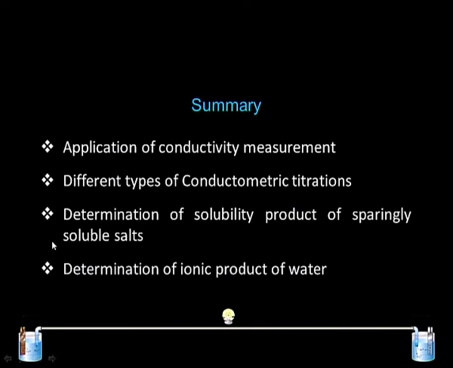With this we come to the end of this lecture series on electrochemistry 1. In this lecture series we have covered various topics related to conductance, types of conductance, how we can control it, how we can understand the theories, and the different methods to study different types of conductance.